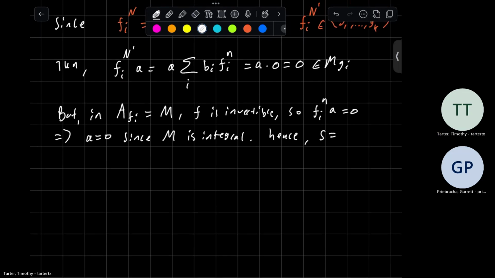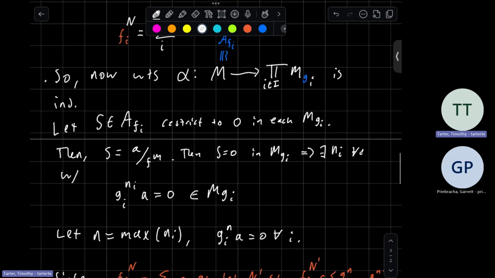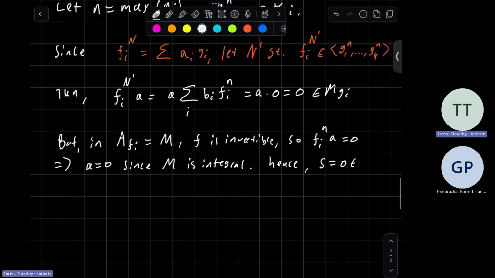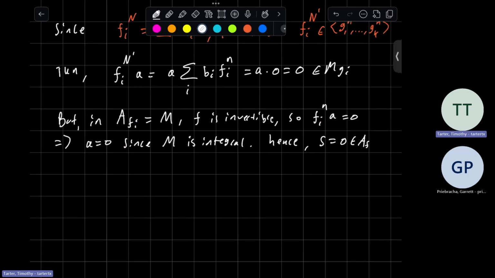Hence, s equals 0 in A_{f_i}, and alpha is injective since its kernel is trivial.